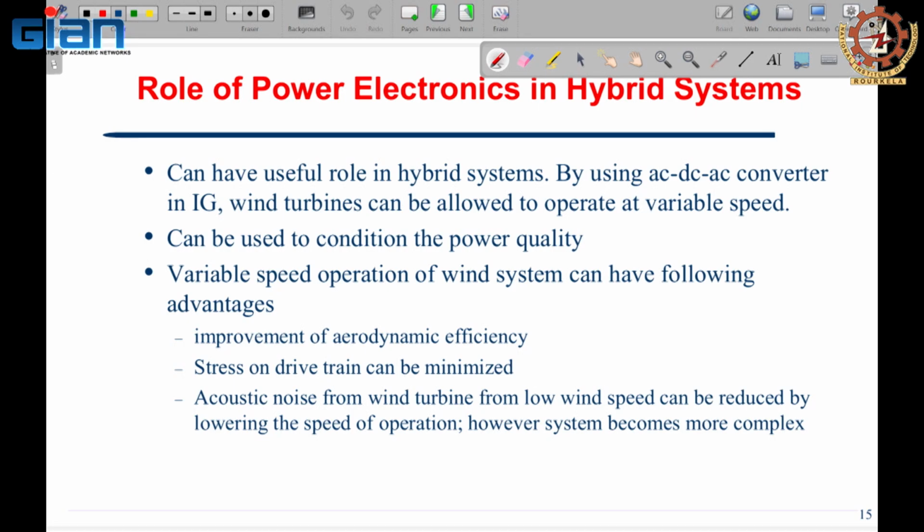You can produce more power, you can reduce the stress, and it can offer some additional benefits like the noise from the wind turbine at low wind speed can be reduced by reducing the speed of operation. So, there can be some significant advantage for the variable speed operation.